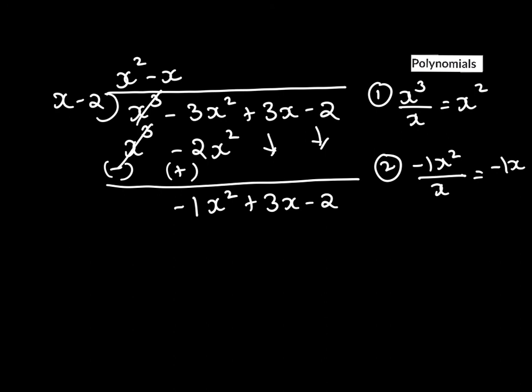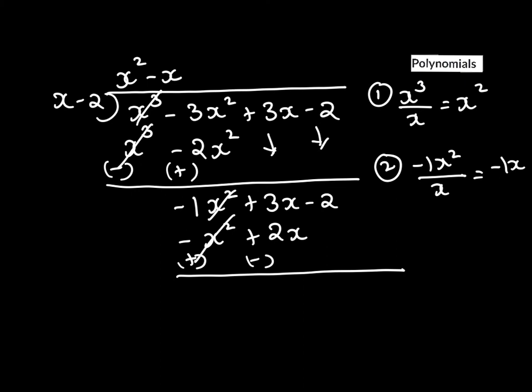Carry out the division process. Minus x times x is minus x^2. Minus 2 times minus x is plus 2x. Subtract. And we get plus 3x minus 2x is x. Bring down this negative 2. To find the third term of the quotient, x divided by x is 1. So plus 1. If we carry out the division process, x times 1 is x.